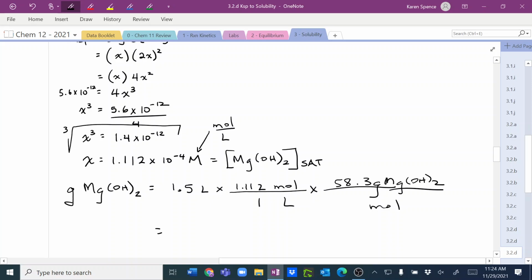Multiplying it all out gives us 9.7 times 10 to the negative 3 grams of magnesium hydroxide.